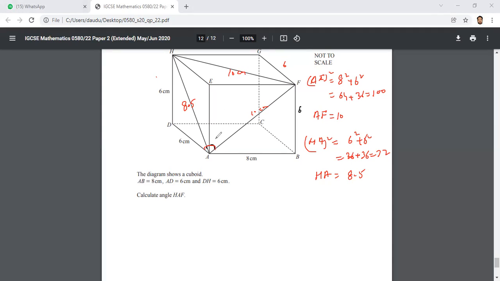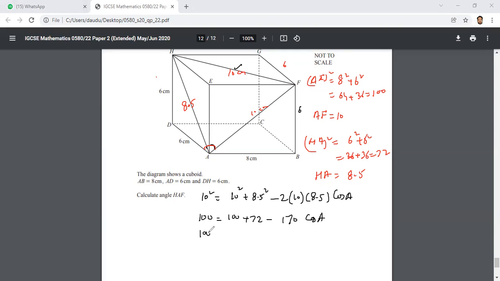So look, we are looking for this angle A, so I will use this side 10. 10 square is equal to the sum of squares of the other two sides, 8.5 whole square, minus 2 bracket open 10, 8.5 cos A. We are looking for A.